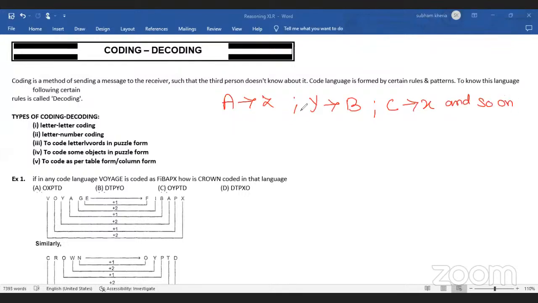What is happening basically is, you know the alphabets, right? From A to Z, we know A, B, C, D, E, and so on till Z. This is the normal form that we write. Now, we also have the reversed form. Here we start from Z, Y, X, and we go till A.